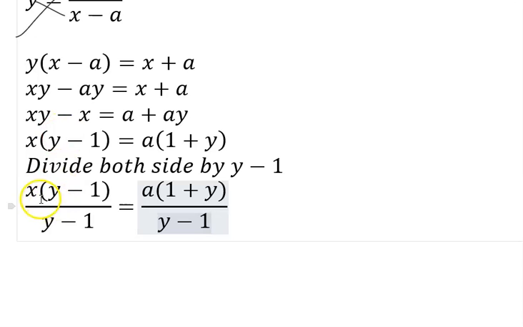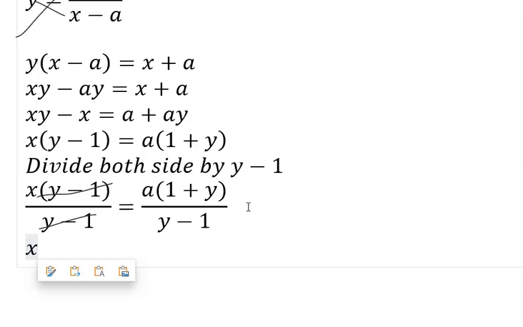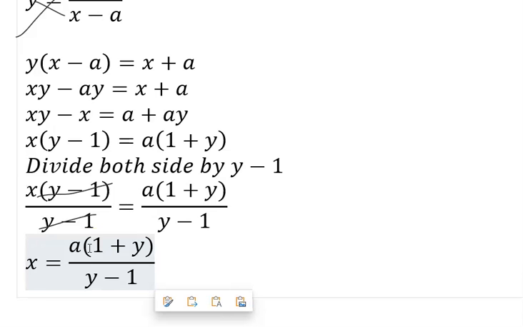By so doing, you can now see that our y minus 1 can cancel out y minus 1, so that our x can now stand alone. Awesome. So we'll be left with a, open bracket, 1 plus y, all over y minus 1, since our x is now standing alone.